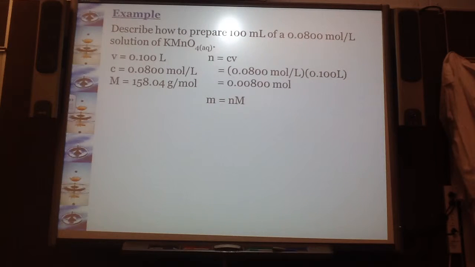So we use our grams is equal to n times big M. And make sure you're using your little n's and big M's when you're doing these formulas. So my moles times my molar mass.